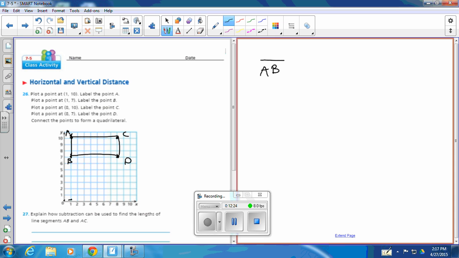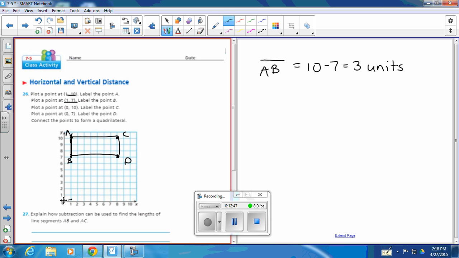B is 1, 7, and A is 1, 10. The only numbers that are different are the y coordinates. So if we subtracted the y coordinates, we would get 10 minus 7, which would be 3 units. If we counted those squares, are there 3 in between those points? 1, 2, 3. Yes.